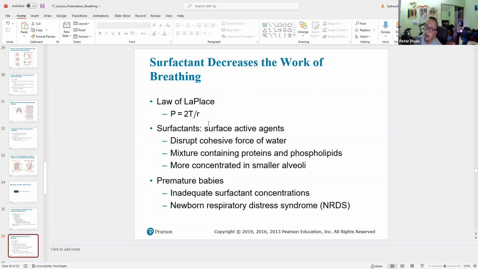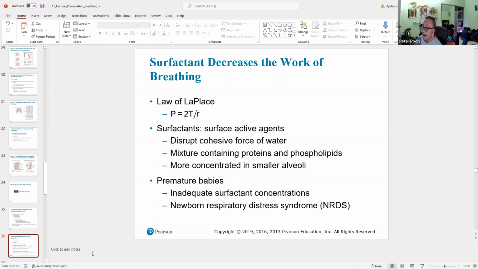This is the law of Laplace. The pressure is equal to 2 times the tension divided by the radius. So there you go.